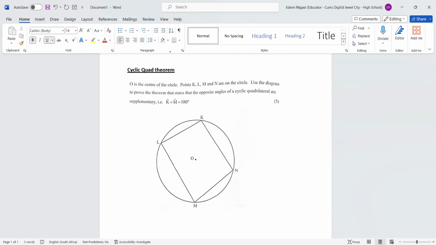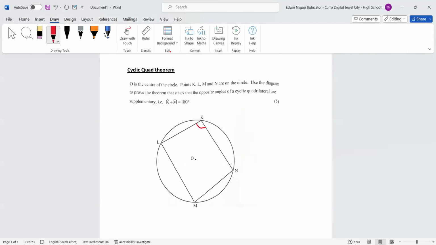So in a cyclic quad, what is important is to remember that the opposite angles of a cyclic quad are supplementary. So what do I mean by that?